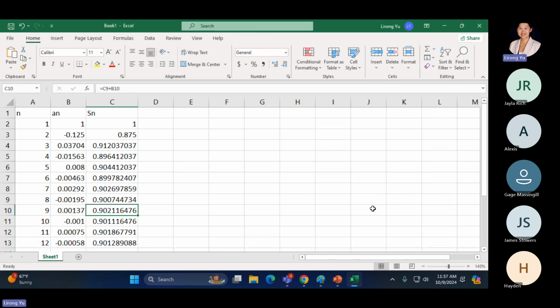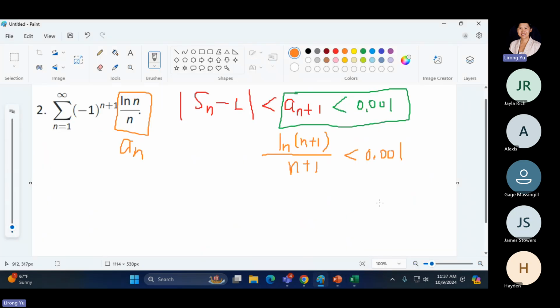So I have this already open. What kind of n will make natural log of n plus 1 over n plus 1 less than 0.001? We can try numbers, right? Normally we can try a large number. Let's start with 10, and see what happens if n equals 10.